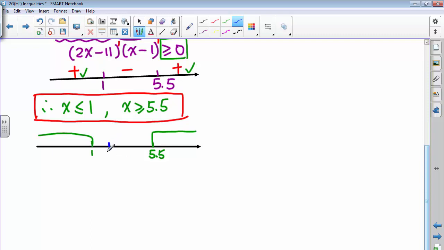So 2 is here and greater than 2. Let's look for the overlapping part of the blue and the green. The overlapping part will be this one. So based on the condition in case 1, the final solution should be larger than or equal to 5.5.